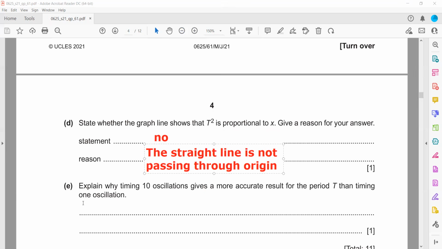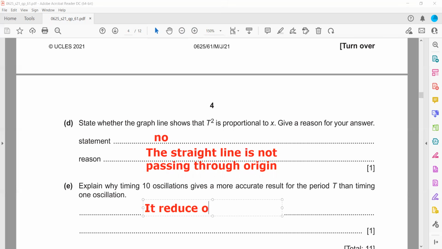The next part: explain why timing 10 oscillations gives a more accurate result than timing one oscillation. So what is the advantage of recording a time for 10 oscillations? It reduces the uncertainty. The main thing is it reduces the percentage uncertainty in the value and reduces the timing error as well.